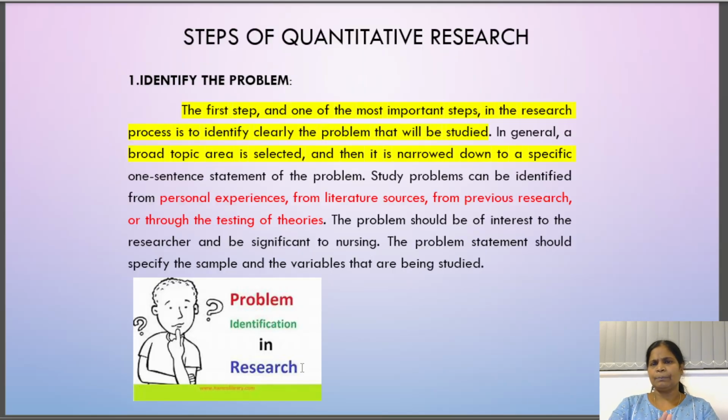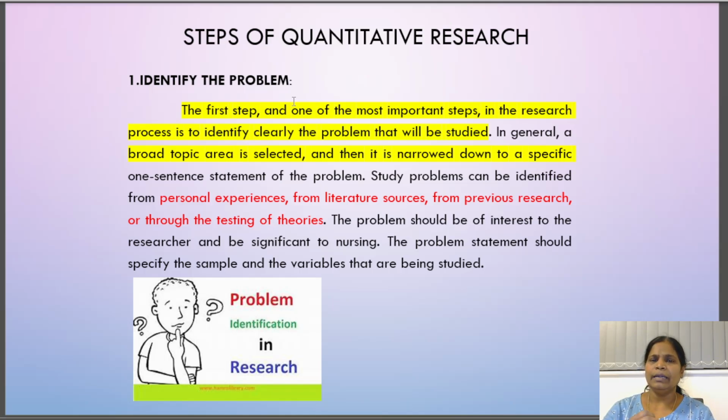Now the first step of the quantitative research process. You need to differentiate what is quantitative and what is qualitative, which we have discussed in our previous video. The first step is to identify the problem. This is very important.